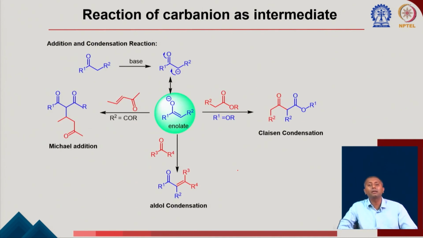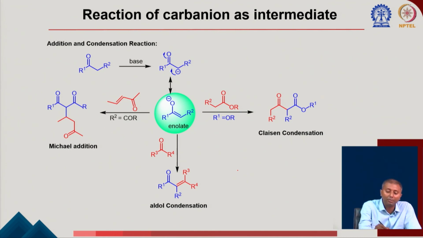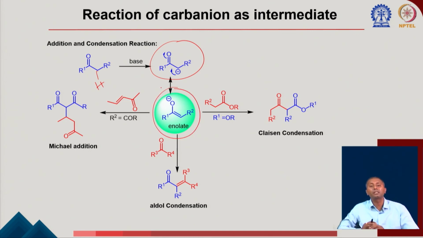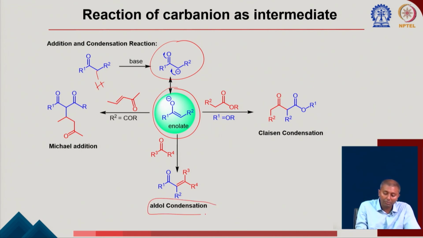And then there is a lot of chemistry which was done, of course, using enolates, where first it abstracts this proton, as I was telling you, leading to the formation of this. Once it goes to the corresponding enolate, there are several different transformations, like it can go for an aldol condensation after reacting with carbonyl compounds.